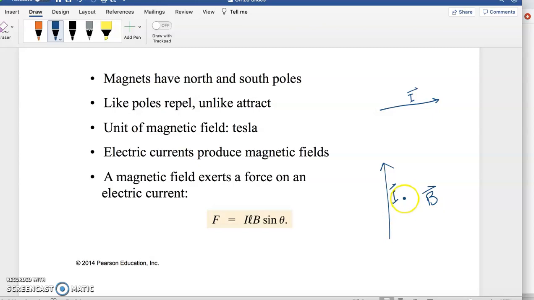It means the presence of current creates a magnetic field, but at the same time, the presence of that magnetic field will create a force on that current. So passage of current will create a magnetic field. The presence of the magnetic field will create a magnetic force.